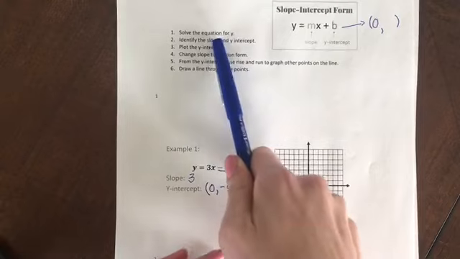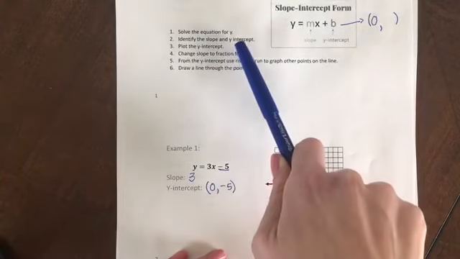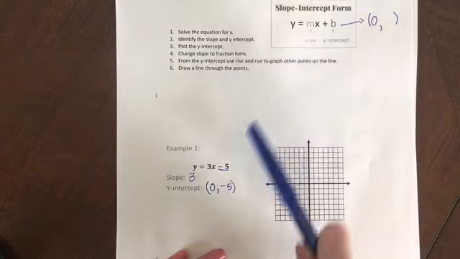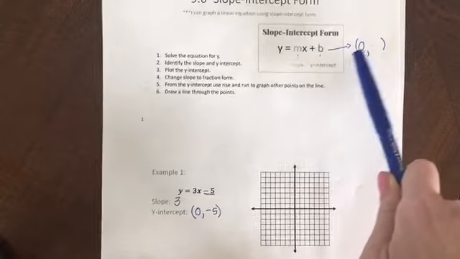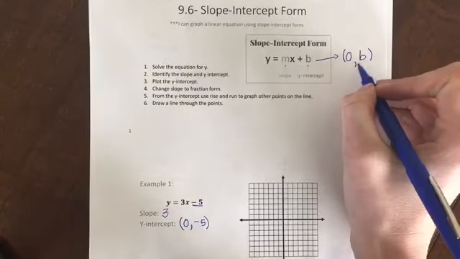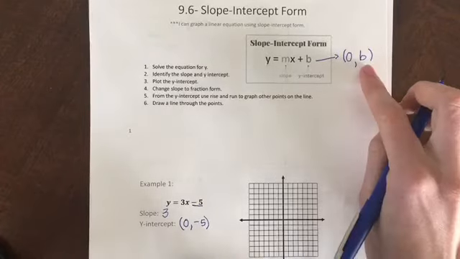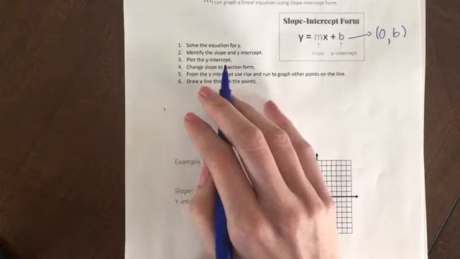Just a quick review. Slope, we said, was the number being multiplied to x, and that was 3. And then the y-intercept is the constant over here. So in this case, -5. And we know when we have a y-intercept that the x is 0, and now this is our y value. And we can write this as (0, b), so whatever that constant is, you'll just fill in with it in that ordered pair.